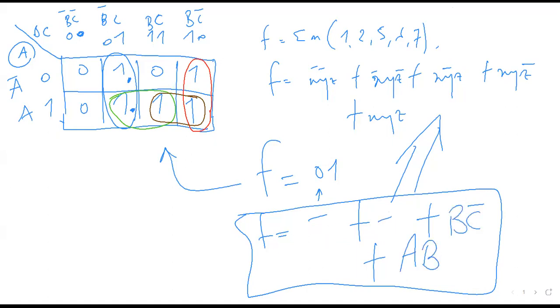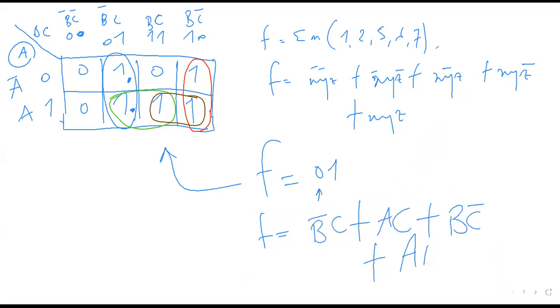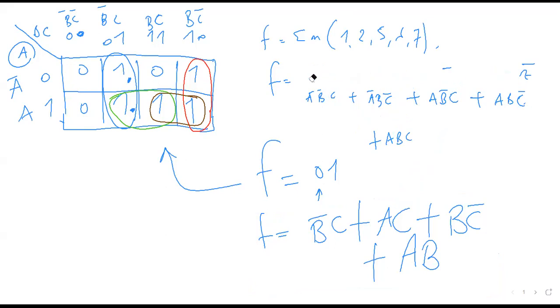I just want to sync the examples I gave there with this one. Okay. Let us do this instead. This is A B C bar plus A bar B C bar plus A B bar C plus A B C bar plus A B C. No longer have these X, Y, Z. So this is our F.